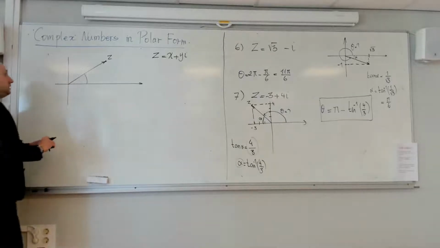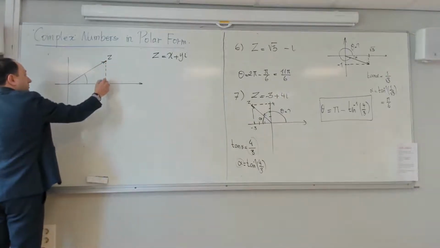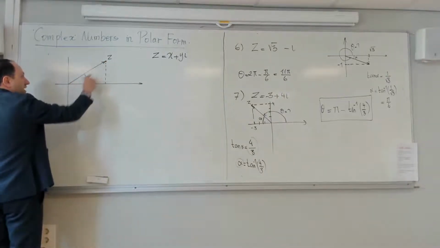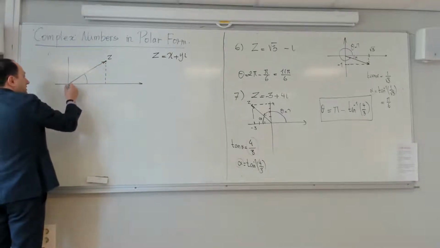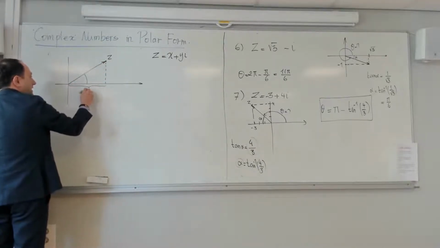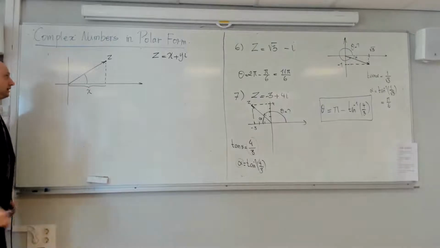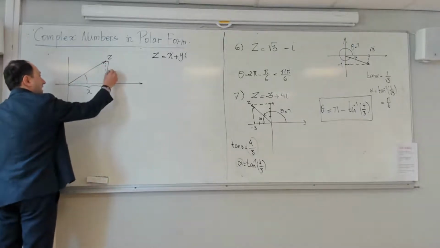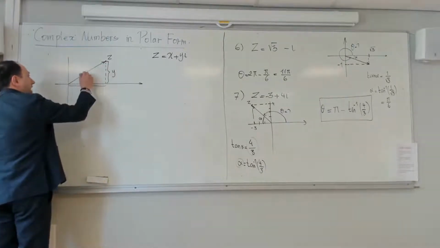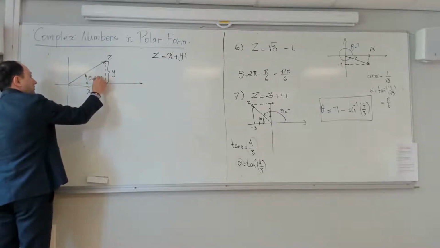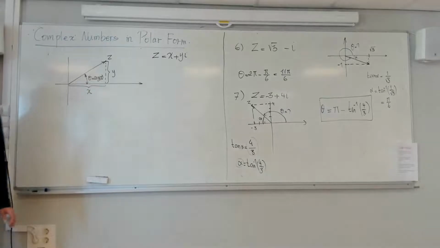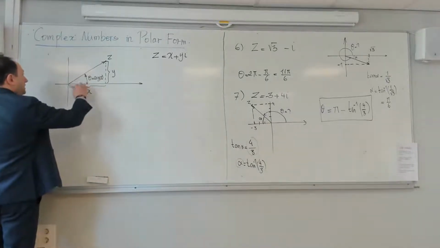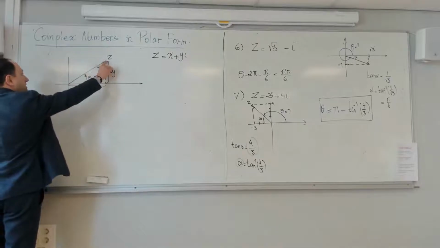Now, for this particular shape, which is in the first quadrant, this length is exactly equal to x, and this length is exactly equal to y. And this angle, theta, is exactly equal to the argument of z. That is our setup. But now, can you see what the connection is? Can you tell me what this length is, by the way?